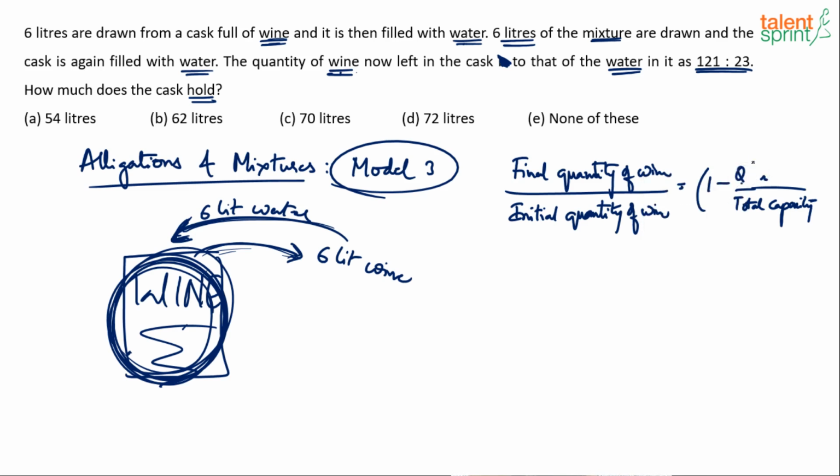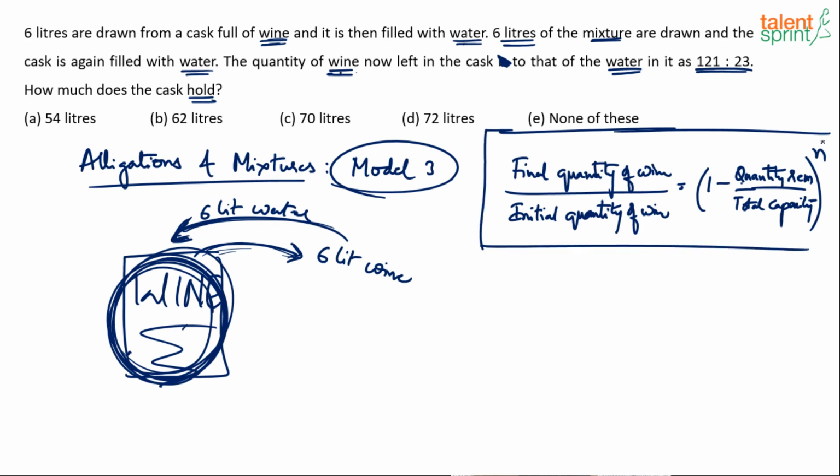This sounds complex, but you have to learn it by heart to make your life simple. If you learn this formula and apply it, you will get the answer in one shot. Final quantity of wine in this container by the initial quantity of wine in this container is equal to 1 minus the quantity removed in each instance. This is not remaining, this is quantity removed. How much quantity is being removed? 6 liters each time. We remove 6 liters first, then we remove 6 liters again.